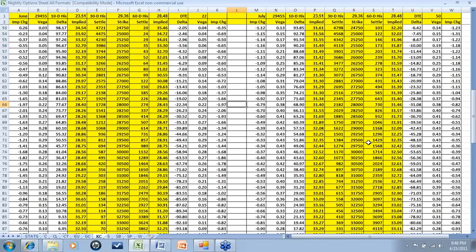We're going to move up. 295s. You can see that the puts, not much of a put skew really. It flattens out very quickly. And on the call side, when you go up from 295, there's a small skew. Not a big skew, just a small skew. But it gives you an opportunity to look at potential positions, and again, using what's available to craft a position that makes sense to you.